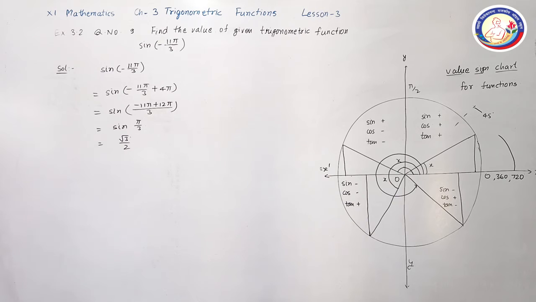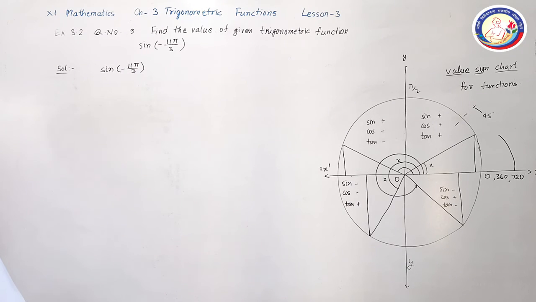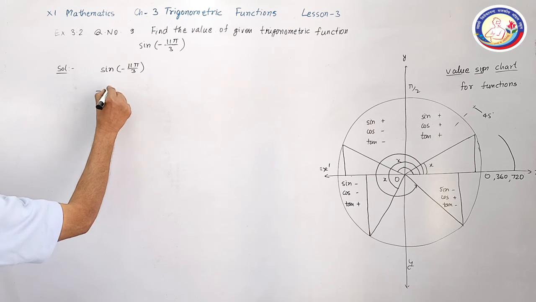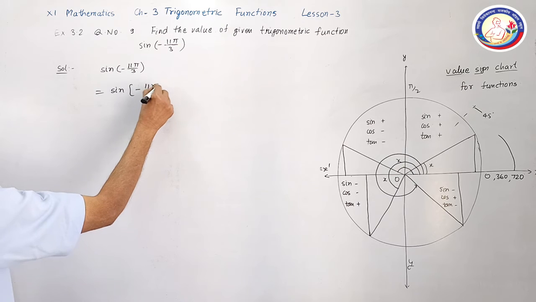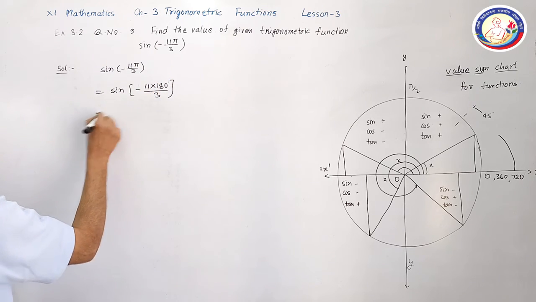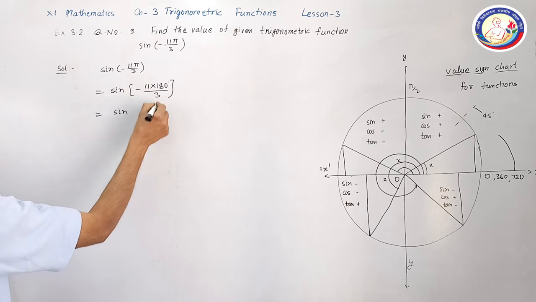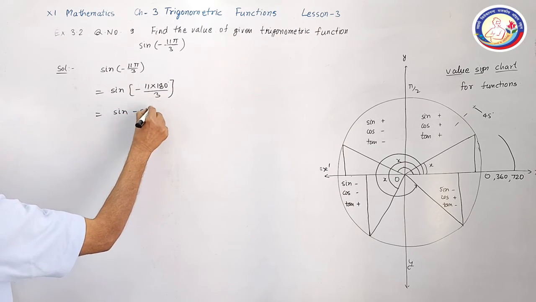We can solve this in another way. Change this into degrees. It will be sine of minus 11 into 180 degrees upon 3. To make it easy, sine of minus 660.